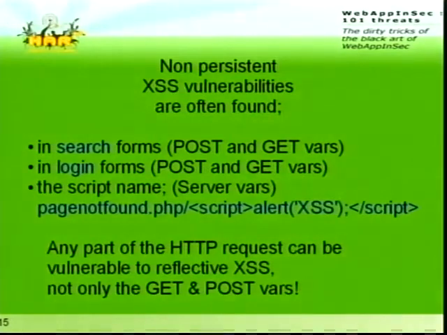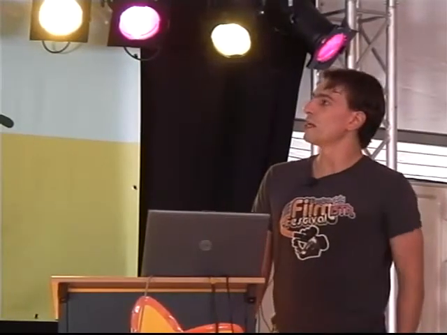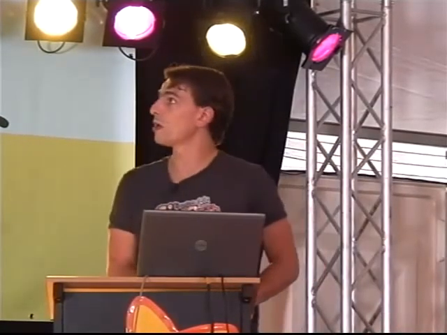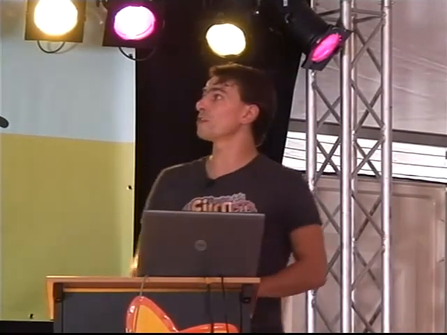Back to the presentation. And the same goes for login forms, where sometimes the name after a false login is reflected in the results page, and that could lead to cross-site scripting. Non-persistent, also called reflective.